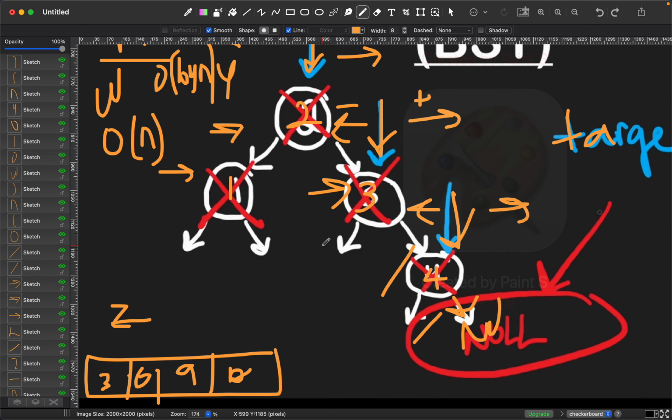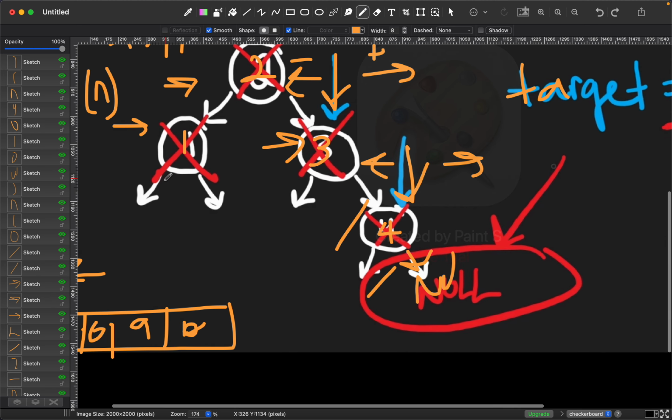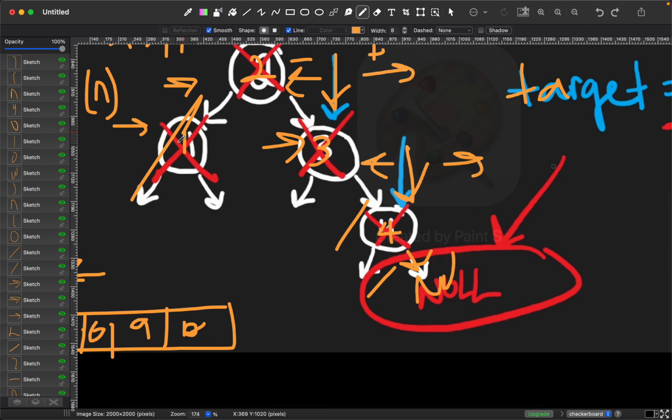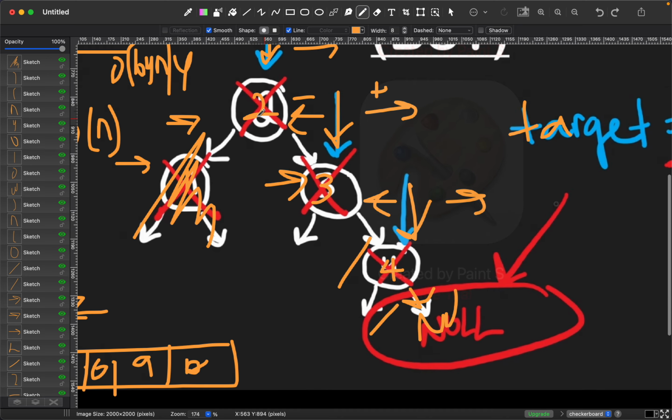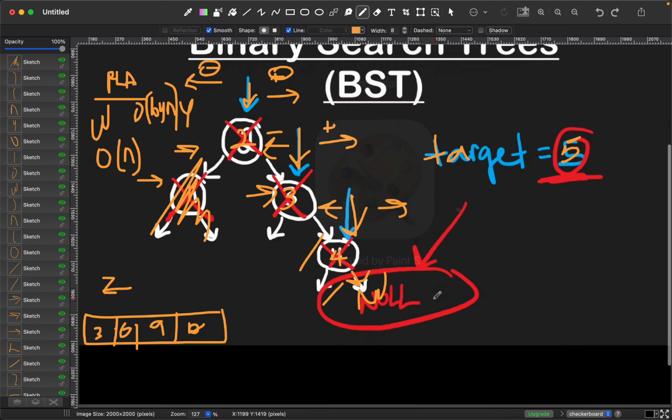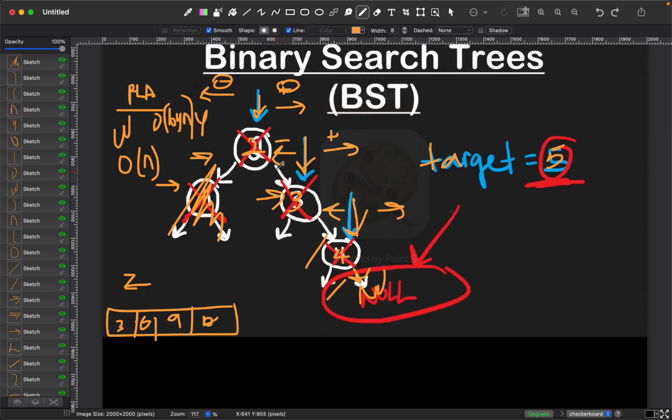But if not, imagine this value doesn't exist at all, it's an unbalanced tree and it's not going to be O(log n) anymore.